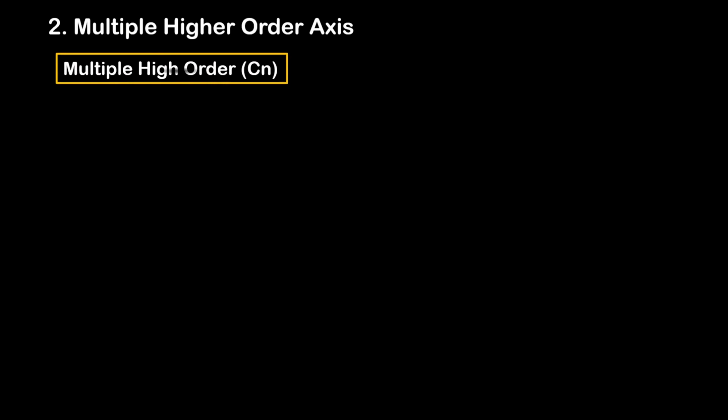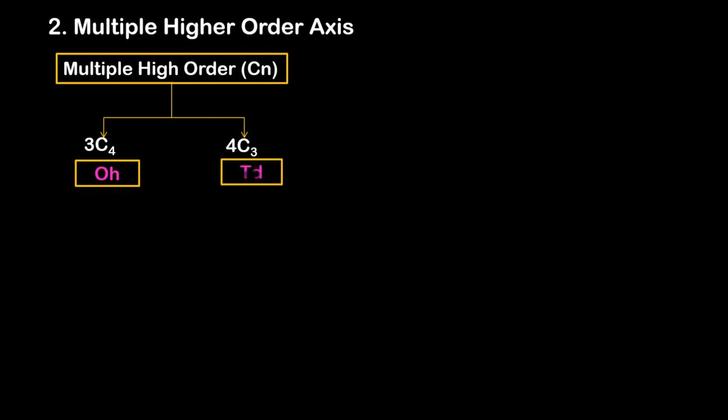Second, multiple higher order axes. If the molecule has multiple higher order axes, either 3C4 or 4C3 is present in our molecule. If 3C4 is present, the point group will be octahedral, and if 4C3 is present, the point group will be tetrahedral.